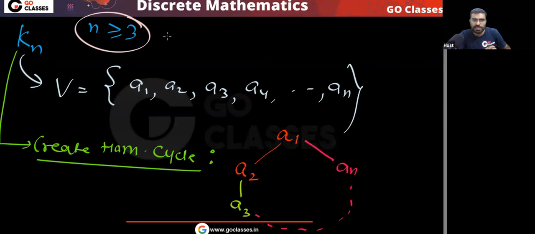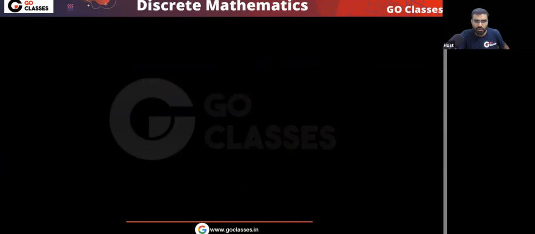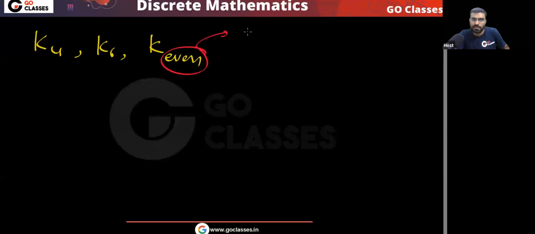So I can simply say that Kn, where n is greater than or equal to 3, will definitely have a Hamiltonian cycle. But you can easily notice, you can take K4, you can take K6, you can take K even, where it is greater than or equal to 4.